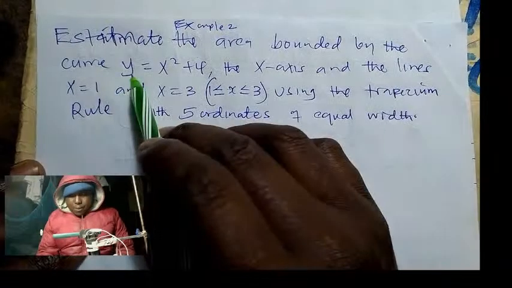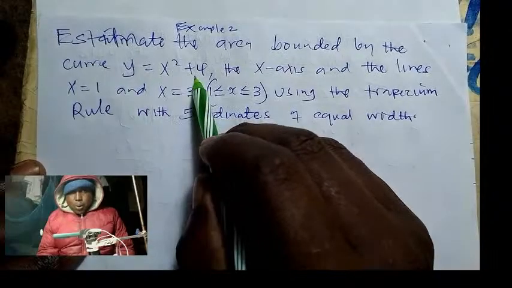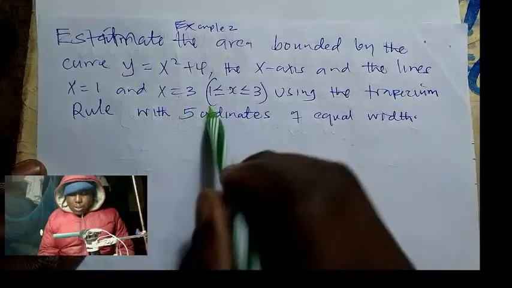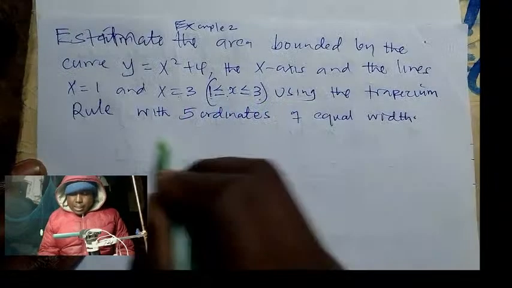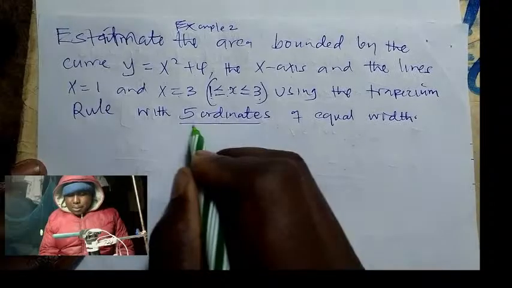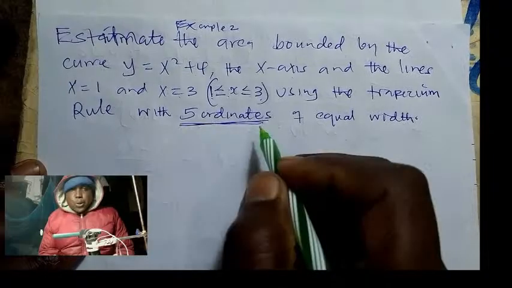A curve y is equal to x squared, the x-axis and the lines given, you should be able to notice the range. Using the trapezium rule with 5 ordinates, mark that. That's where you draw a line. 5.